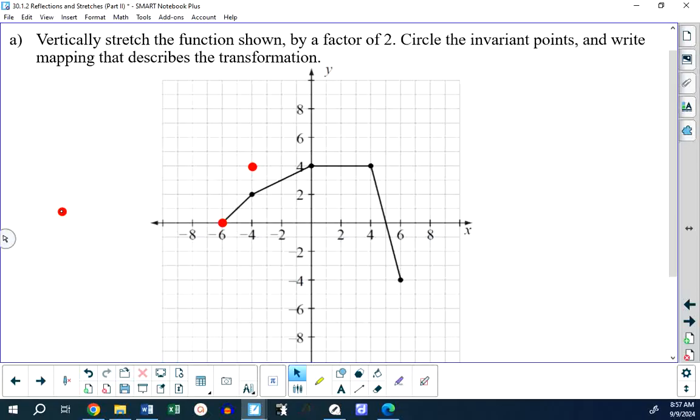If a point is above the x-axis in this scenario, we have to plot it twice as far above. If a point is below, we have to plot it twice as far below. So, in other words, I guess it's a logical conclusion that if a point is on the x-axis, it doesn't get stretched at all. And we can draw a line connecting these, of course.